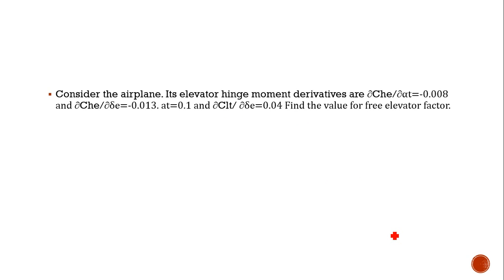Move on to the next sum. Here they asked us to find the free elevator factor. Consider the airplane. Its elevator hinge moment derivatives are dou CHE divided by dou alpha T equal to minus 0.008, and dou CHE divided by dou del E equal to minus 0.013.